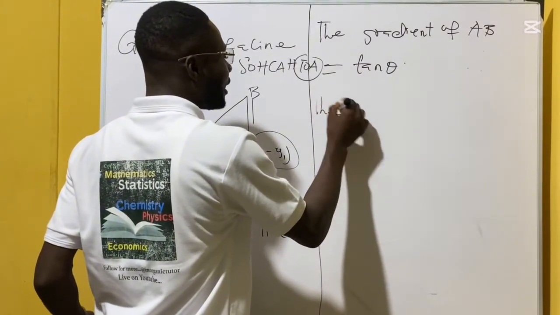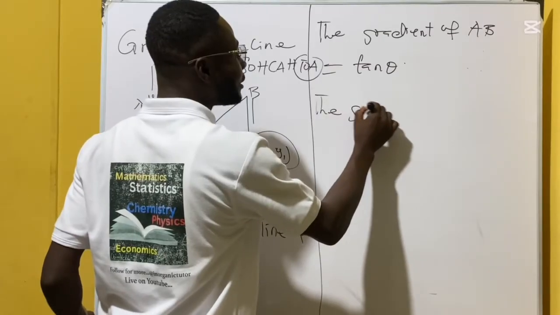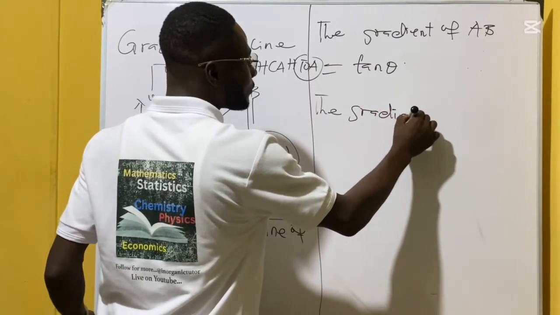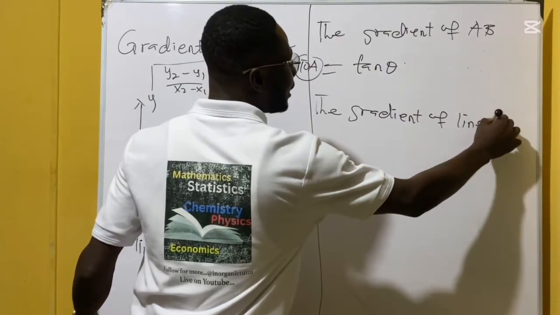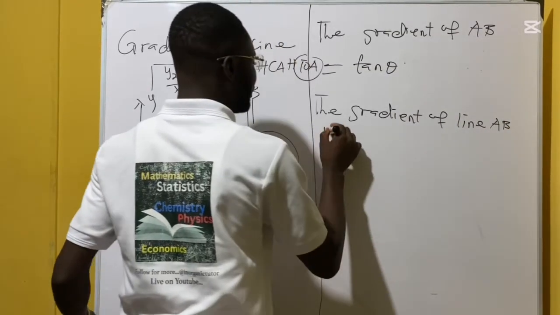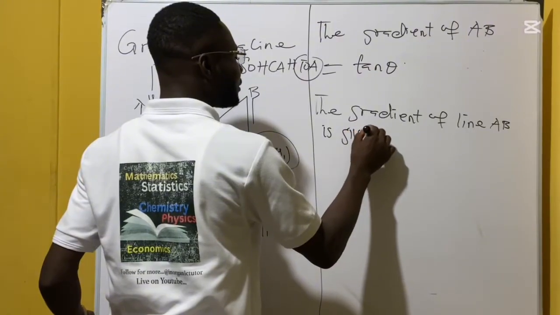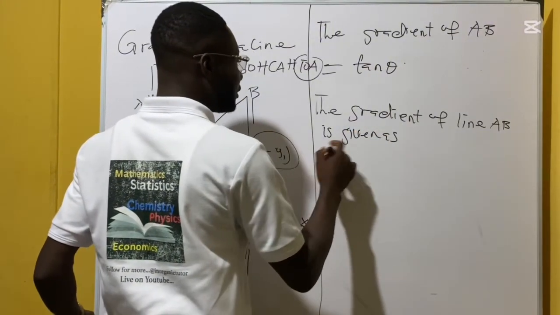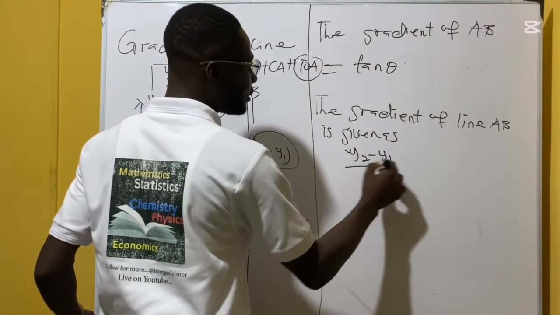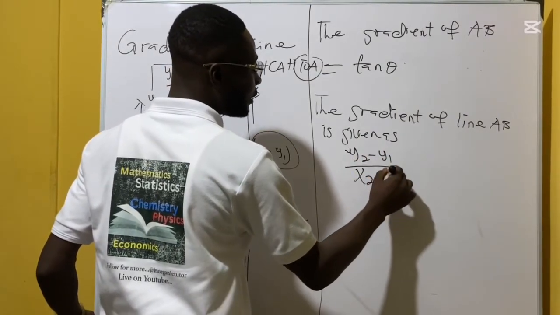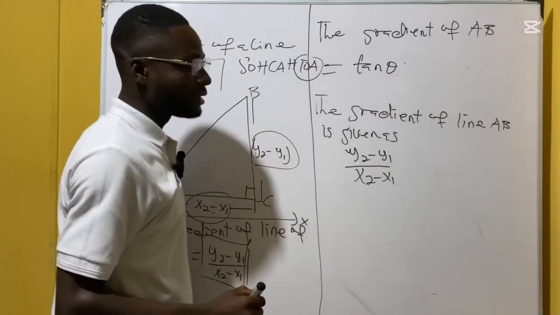So in all, we see that the gradient of line AB is giving us y2 minus y1 over x2 minus x1.